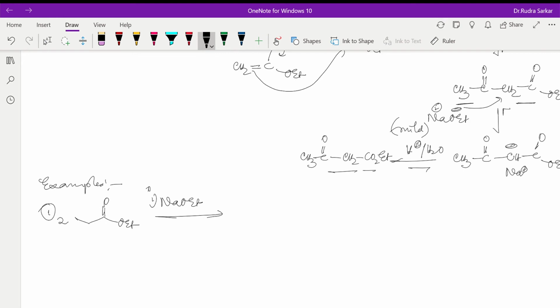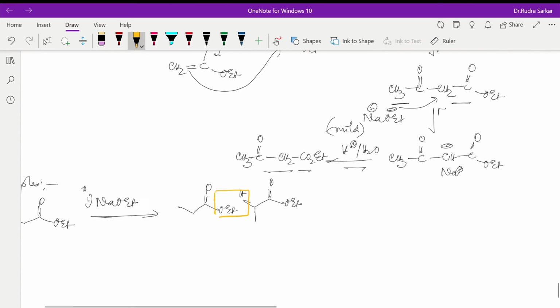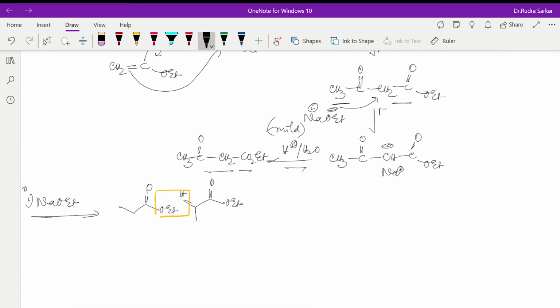So obviously utilizing two molecules such as that, here is a hydrogen, as I have said, take it out, and you will get your product.